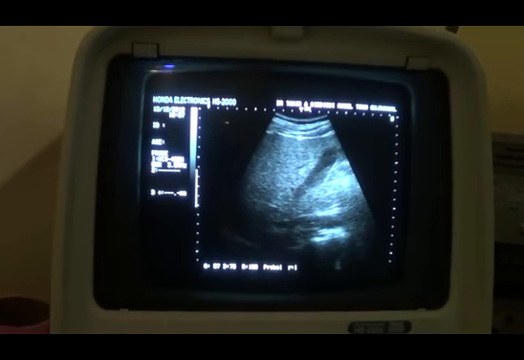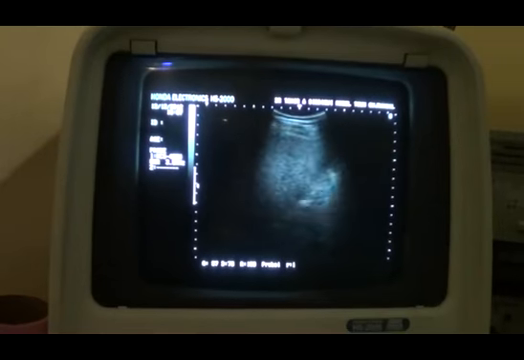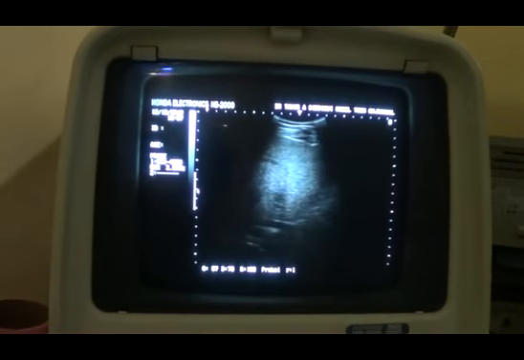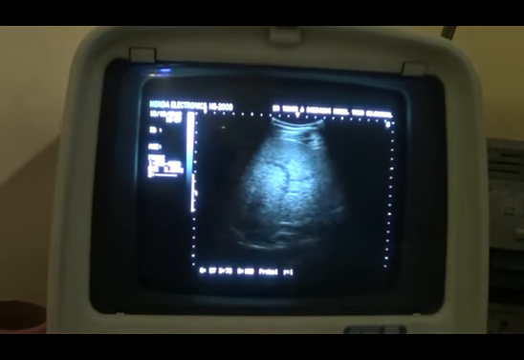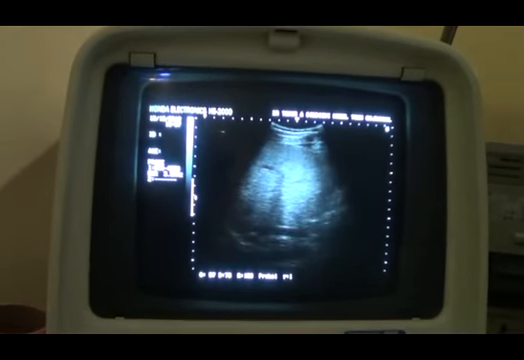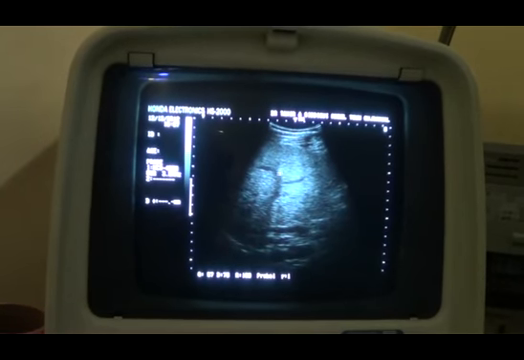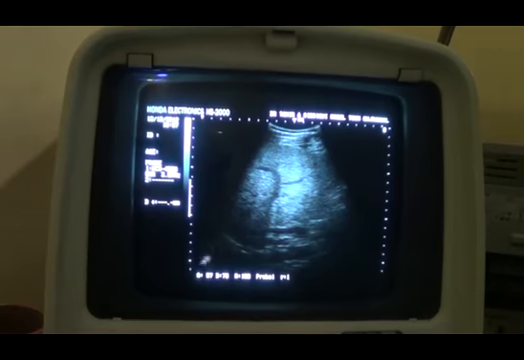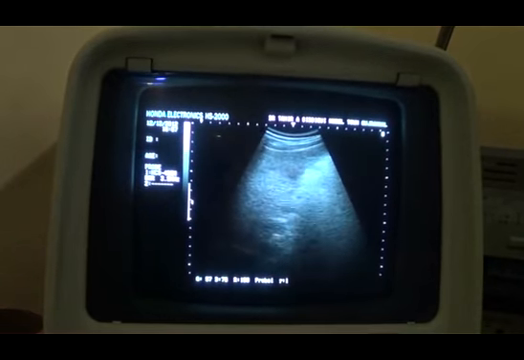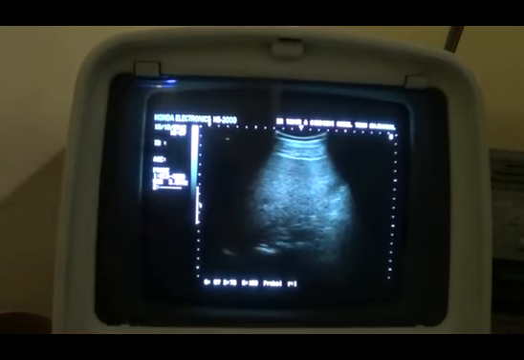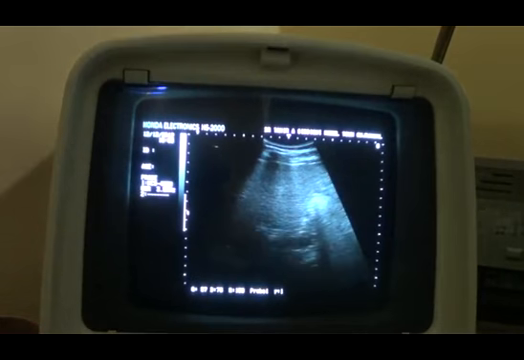This is the outer surface of the liver. Now you see that the vessel margins are in fact blurred. They are not sharp, they are blurred. The periportal echoes are decreased compared to that of the normal.